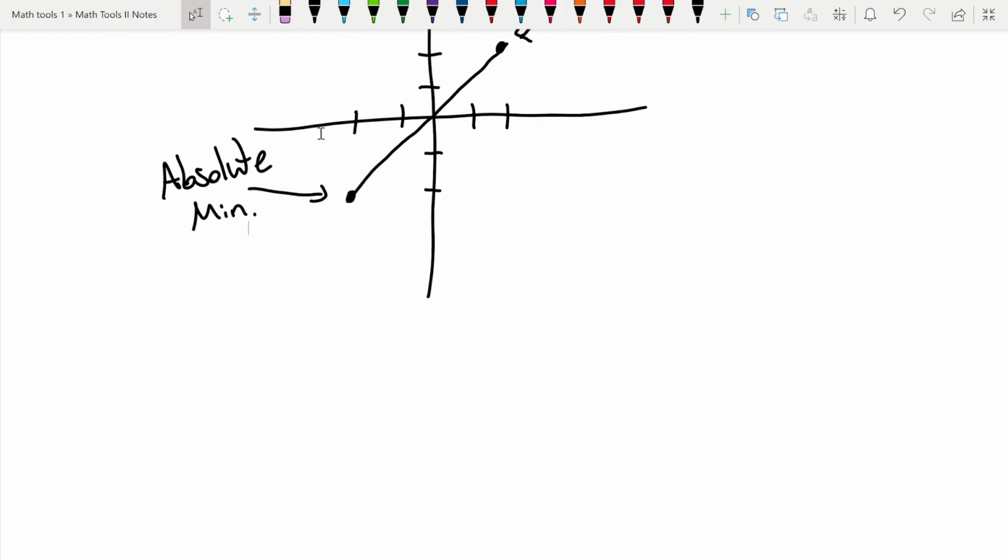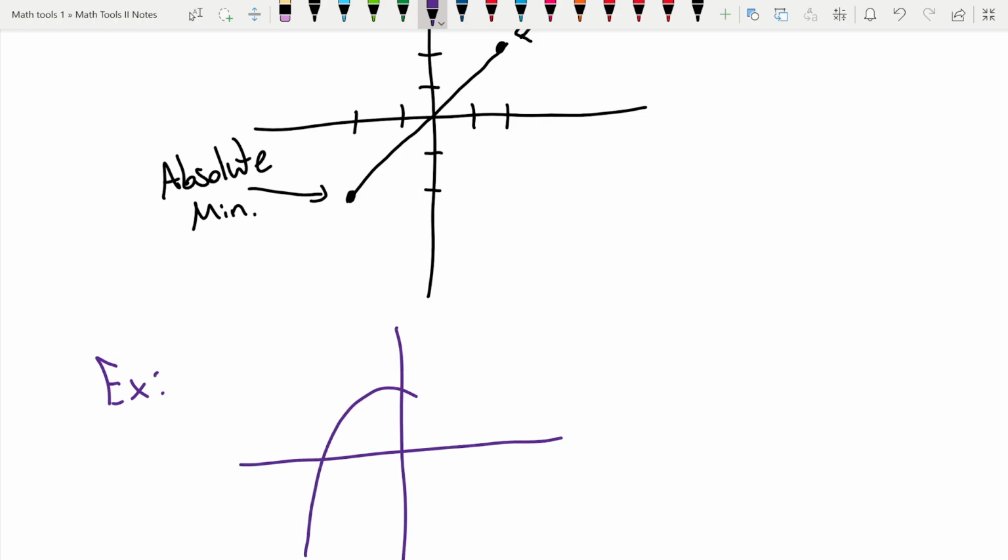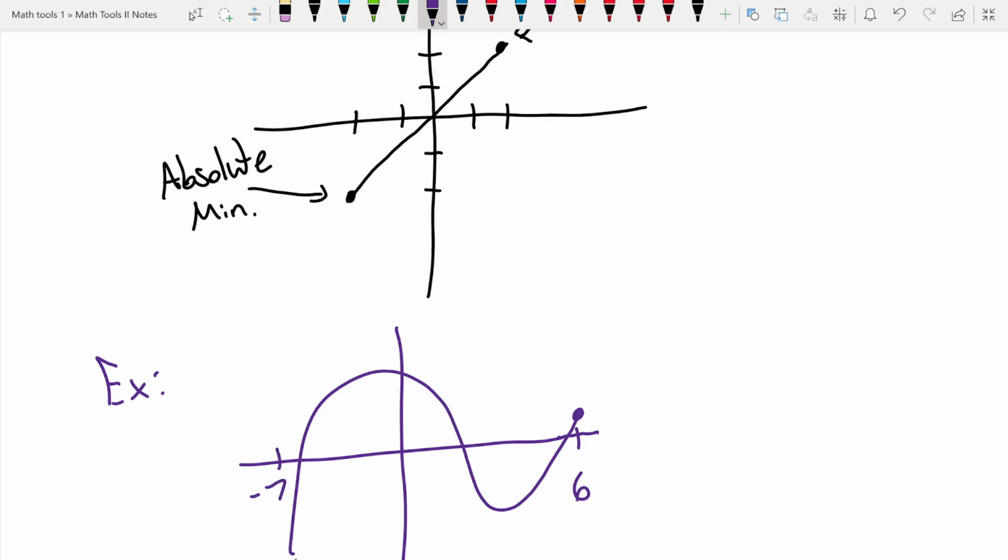So if we have something that looks maybe like, actually let me make it something more like this. Okay, so I'm not going to give a name to this function. Let's say that this is like 6 and this is like -7, for example.